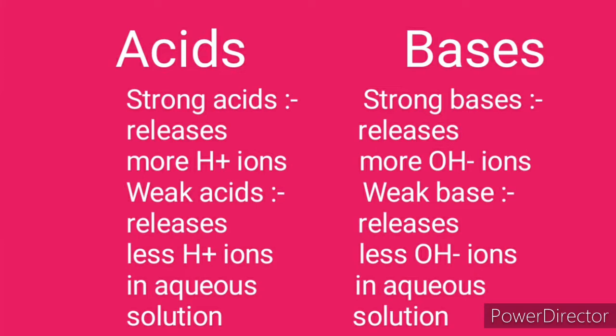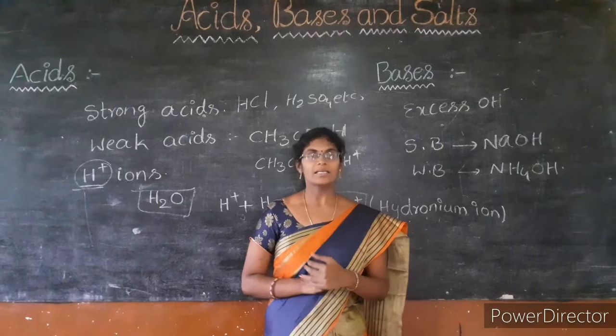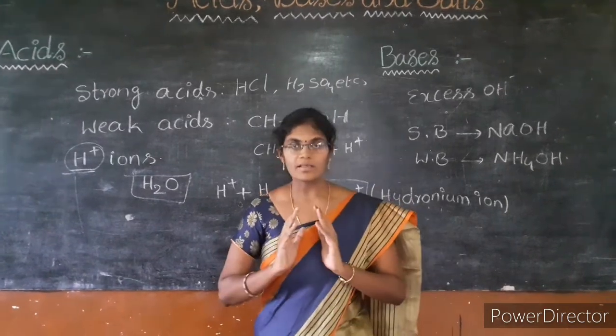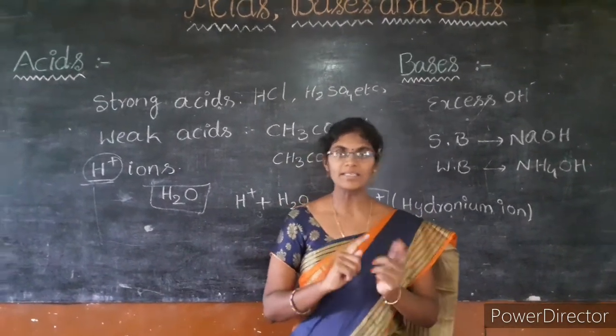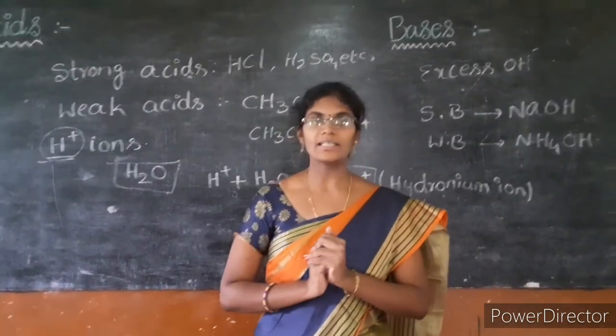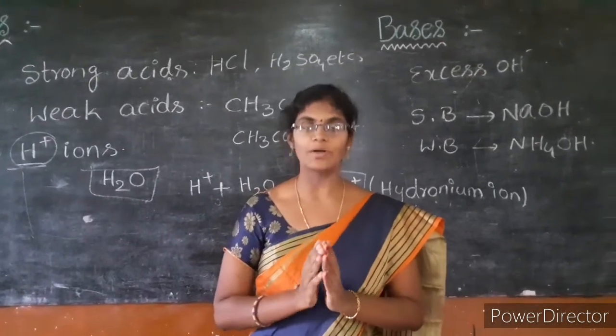In bases, those which release more OH- ions are called strong bases, and those which release fewer OH- ions are called weak bases. Children, I think you are very clear about these properties.